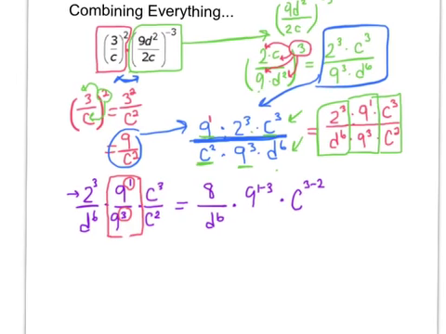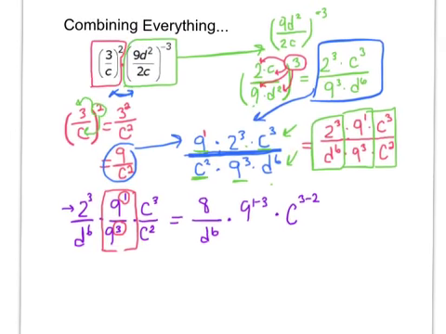I don't do anything with this one here, the 8 over d to the sixth power, because I can't. And so I get a fraction of 8 over d to the sixth power times 9 to the negative 2, which is really 1 over 9 squared, times c to the first power over 1.